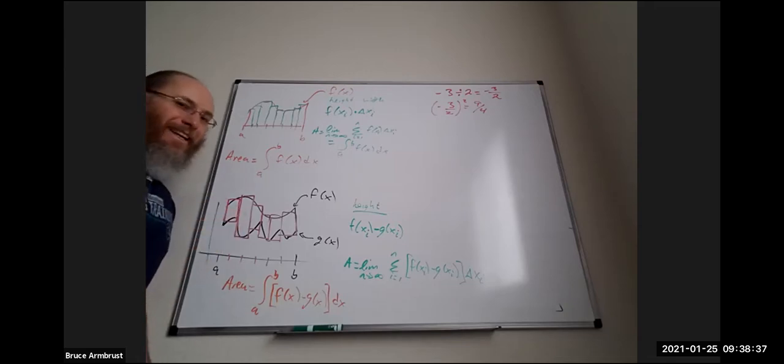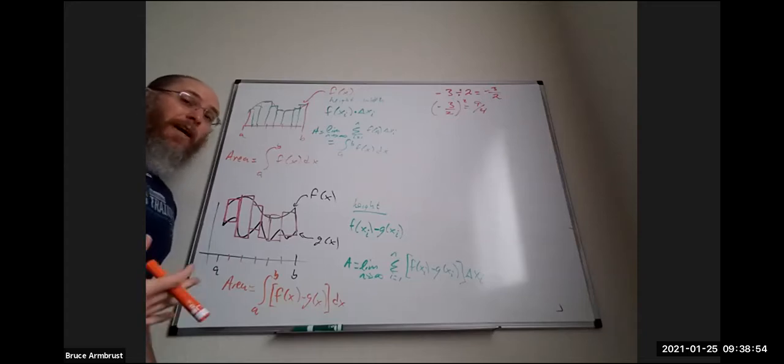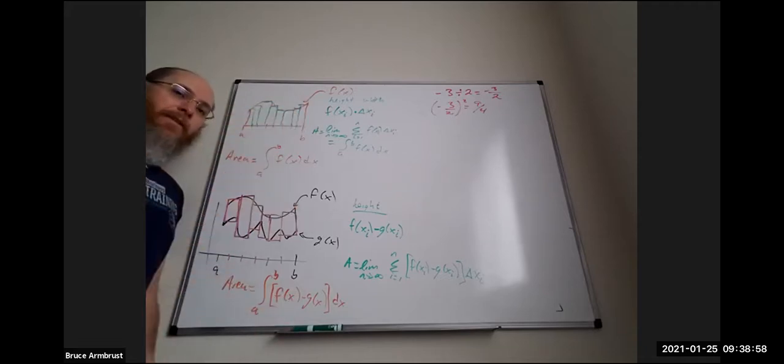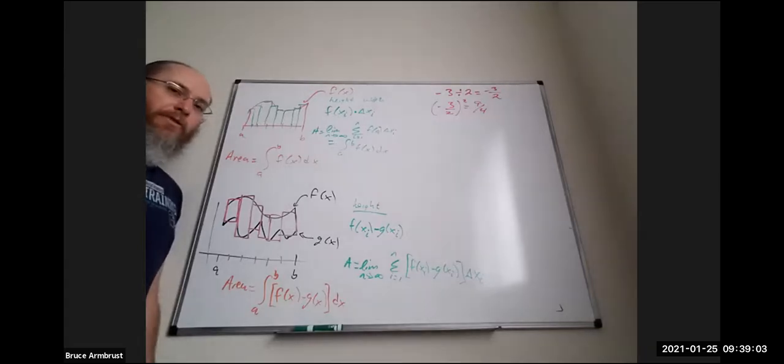So it's almost like nothing is different here. It's just that when we get the heights of our rectangles, they're found by taking the difference of the two functions. That's all there is to this. It's really not that complicated. So if you've got a shape and you know the function that defines its top and the function that defines its bottom, just subtract those two, take the top minus the bottom, and integrate that over your bounds.